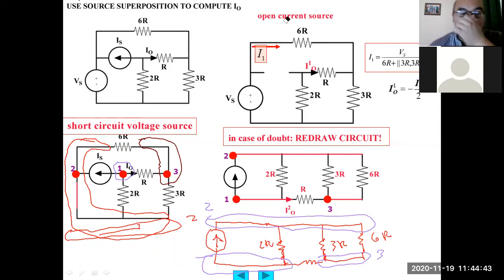Here this is done by short circuiting the VS. When the first part is obtained by open circuiting the IS, usually the resulting circuit is simpler than the original circuit. But when it is short circuiting, sometimes we get confused.